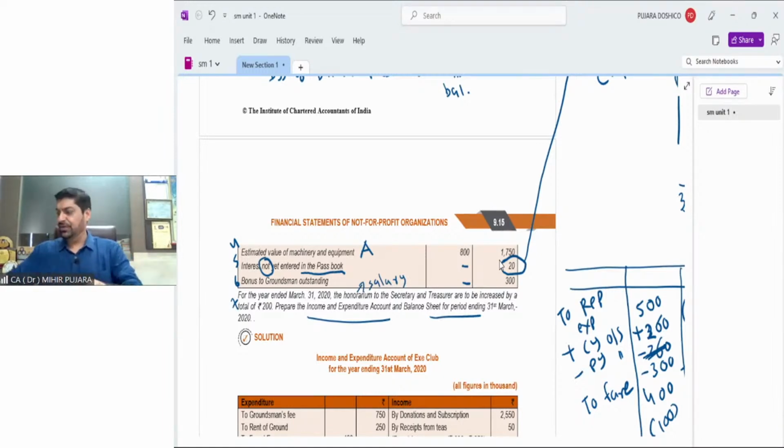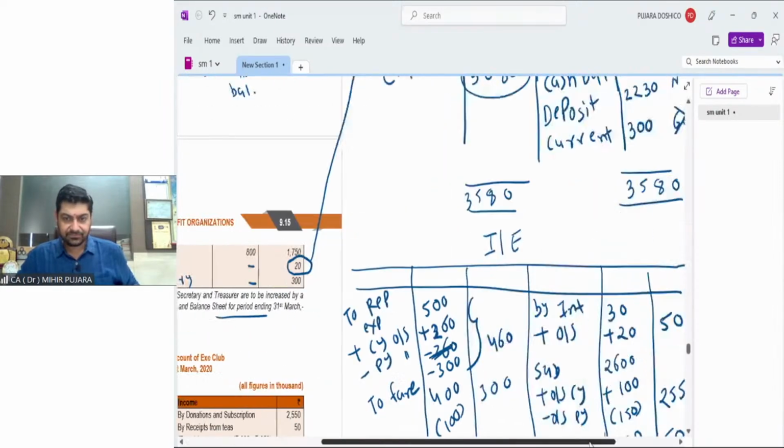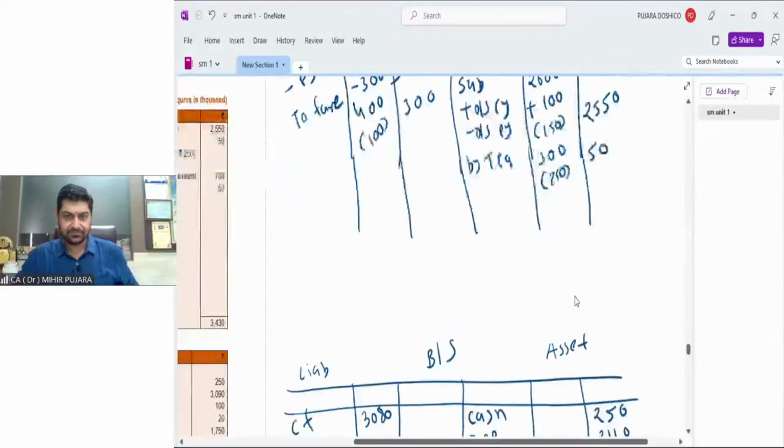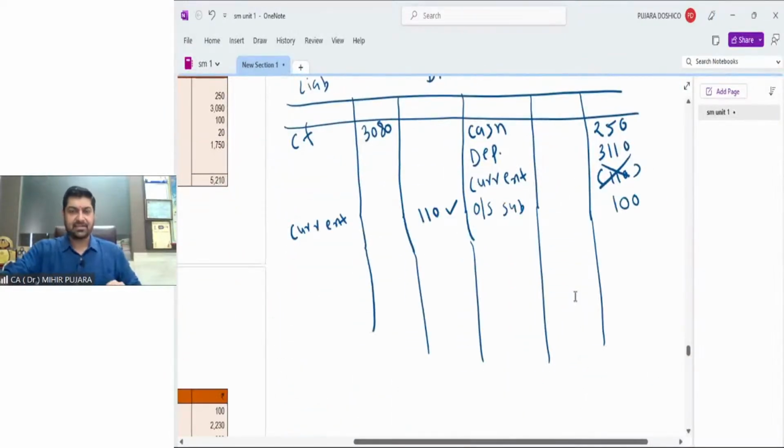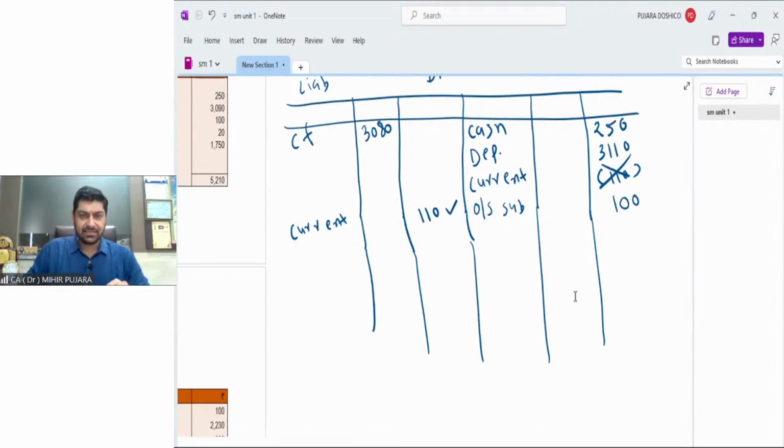If you recall our balance sheet, let's switch over to our balance sheet format, guys.